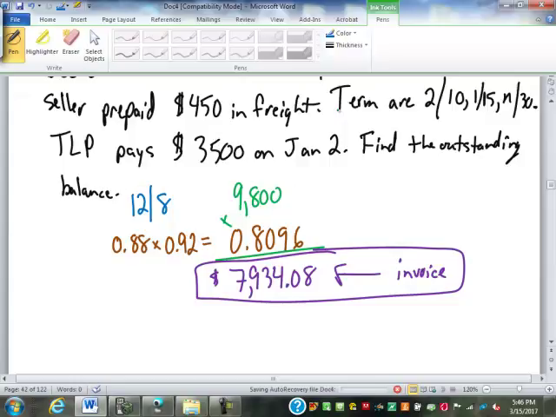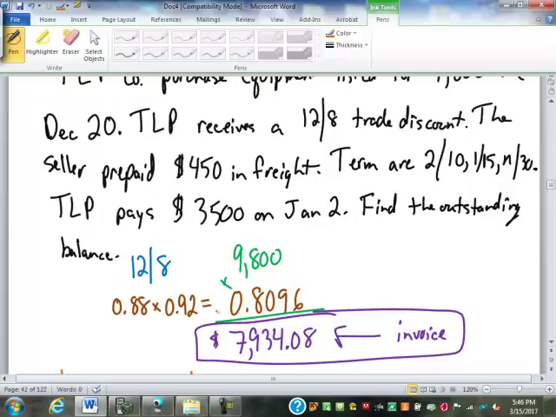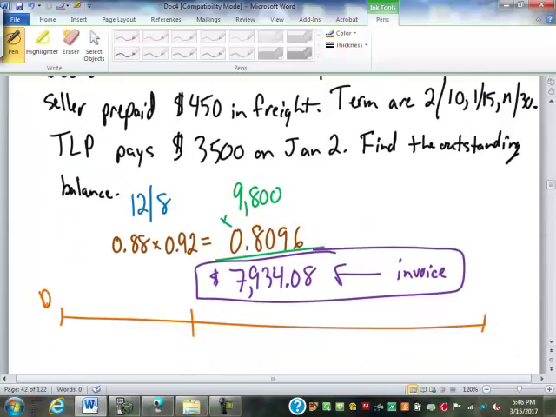From here, we got to look at our timeline. Where does this timeline start? December 20th. It actually starts on the date given. And there's actually two breaks here. The 2% period ends at 10 days, which would be December 30th.